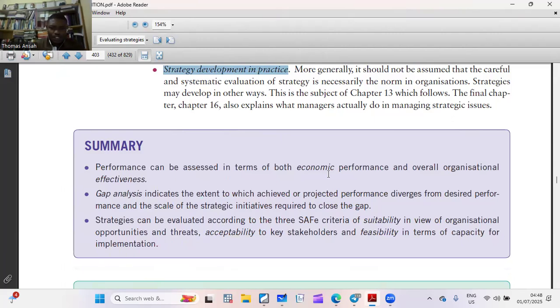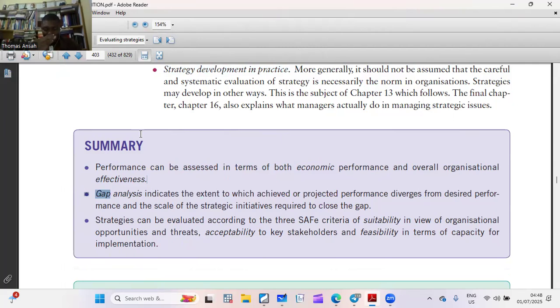So these are, at the end of the day, what have we said? We said that you assess performance using economic and organizational effectiveness, and I've given you the models for it. Remember, so if you are looking at economic ratios, market share, financial market, you assess your gap, and do organizational effectiveness as well.